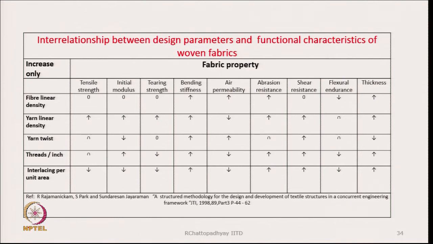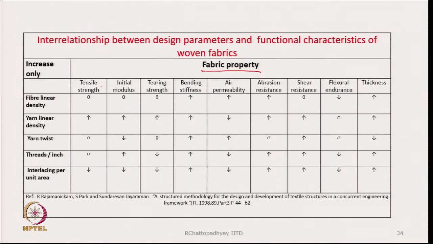This is another example, fabric property for a technical fabric. See the relevant properties for technical fabrics: initial strength, modulus, tearing strength, bending stiffness, air permeability, abrasion, shear, flexural. This is another way of representation only. Here you see on the left hand side column we are writing the fiber, yarn, twist, threads per inch and interlacing per unit area. Only a few parameters are listed and we are writing increase only, meaning if I increase this, what happens to the fabric property.